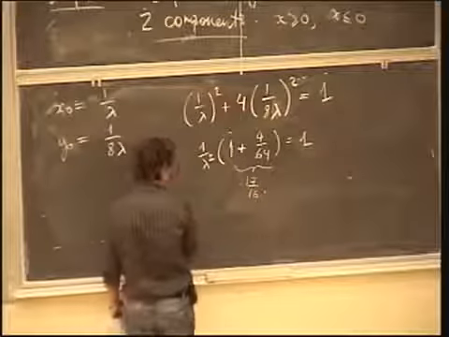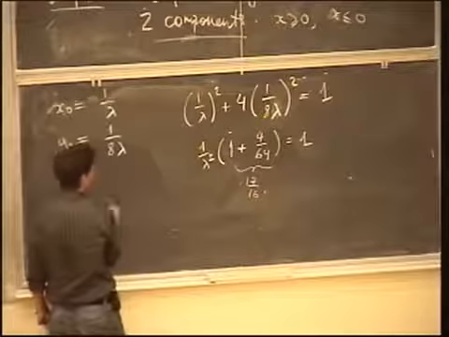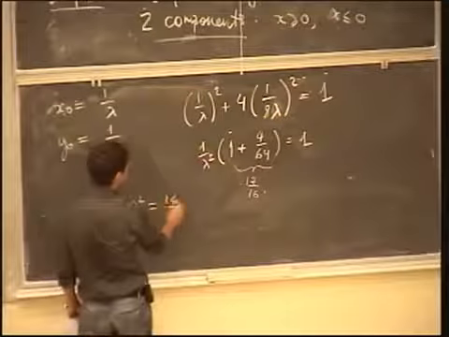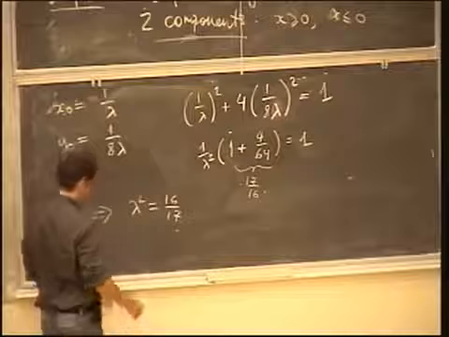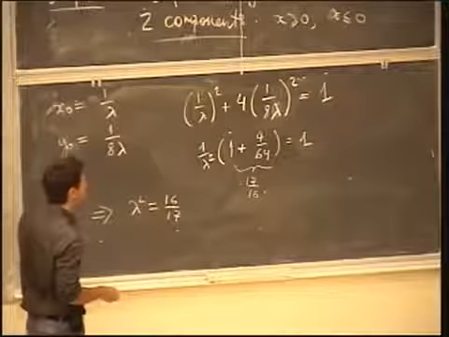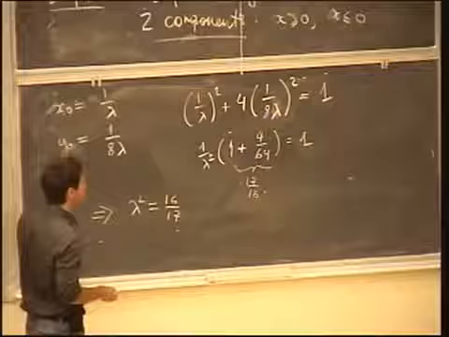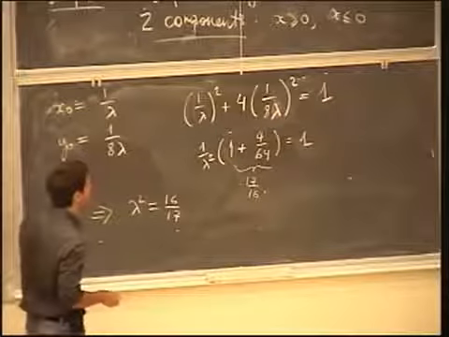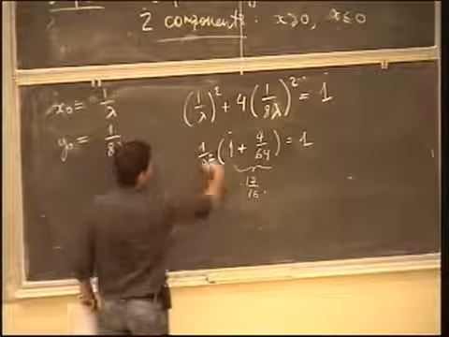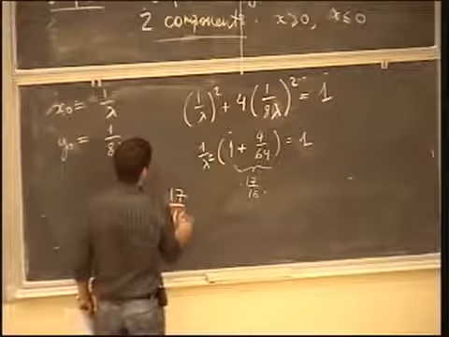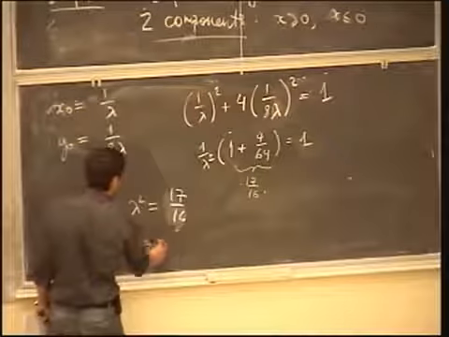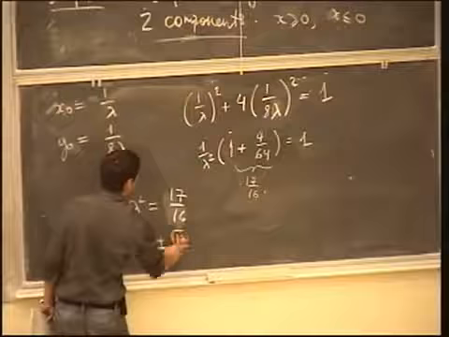And from this, you find that lambda squared is equal to 16 over 17, right? Is that right? 17 over 16. Right, because you take it to the other side. 17 over 16. And that means that there are two solutions for lambda. Lambda is equal to plus or minus square root of 17 divided by 4.